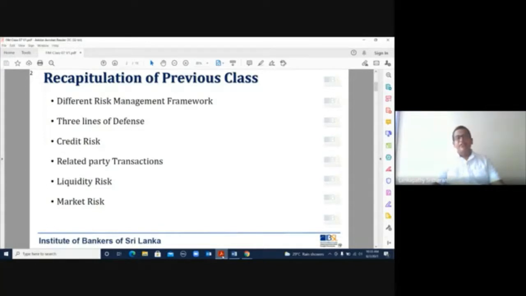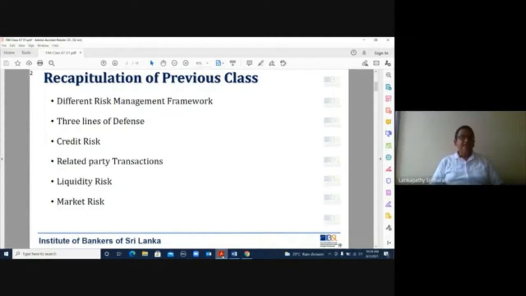In the second line of defense we studied the centralized risk management department and the compliance department. The business units or branches of business units are the first line of defense. They are responsible for internal control and own the risk.